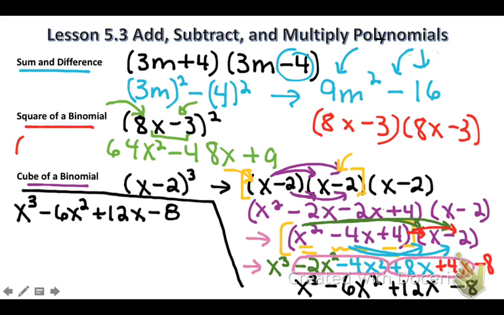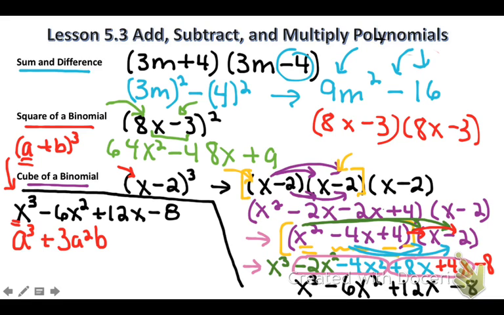Let's imagine we have a plus b cubed. So our formula is going to tell us that if I cube the a, so this is the a term, and we ended up with x cubed, then we're going to say plus 3a squared b.